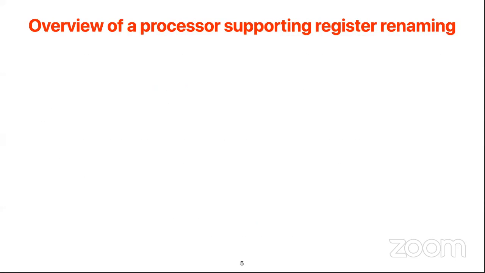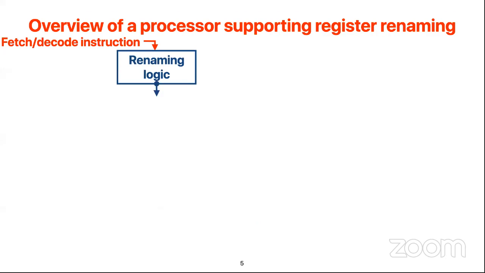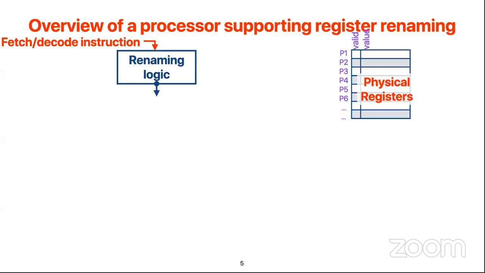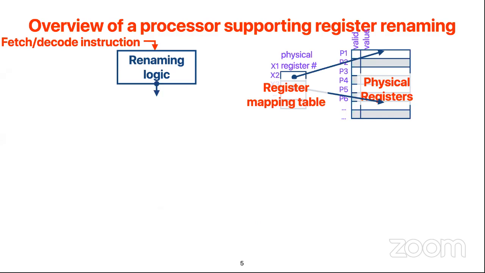To support register renaming, our processor pipeline will no longer be the 5-stage pipeline. After instruction fetch and decode, we will have renaming logic, which is basically the mapping between the architectural registers and the physical registers.